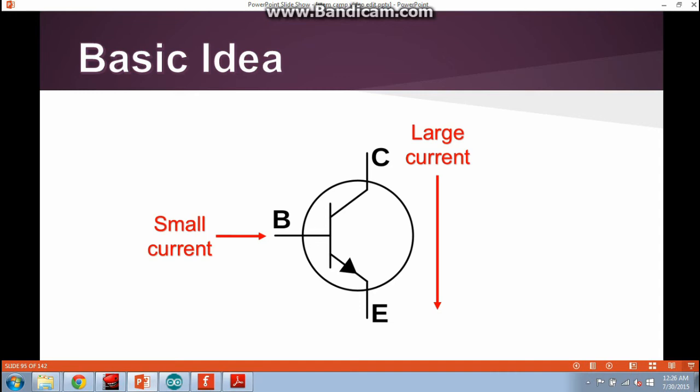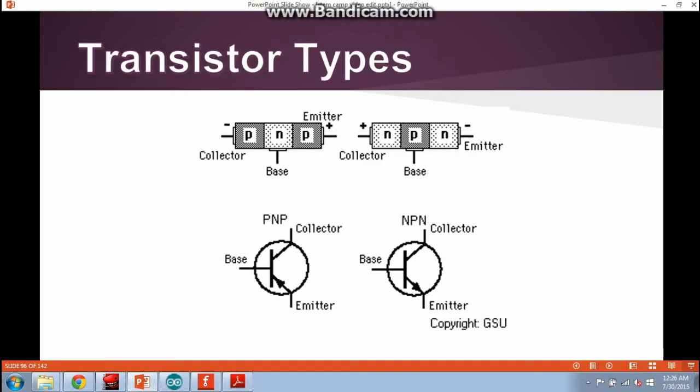It's a switch. Okay. So there are two main types of transistors in the physical sense. The difference between them is how they're, quote unquote, doped. And again, we're not going to get into the composition and the physics that's happening to make the transistors work, but there are two different ways to make a transistor.